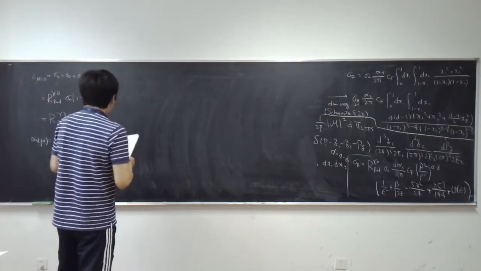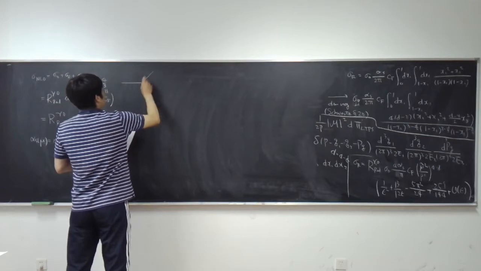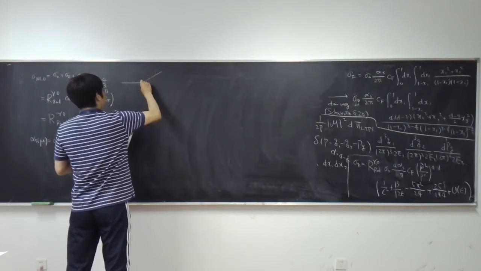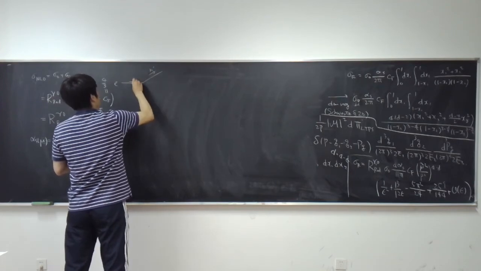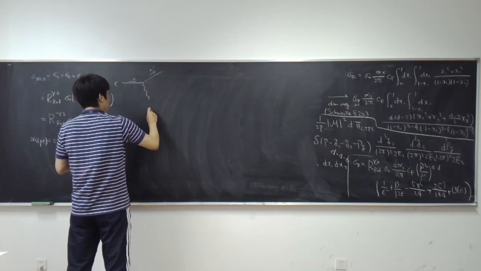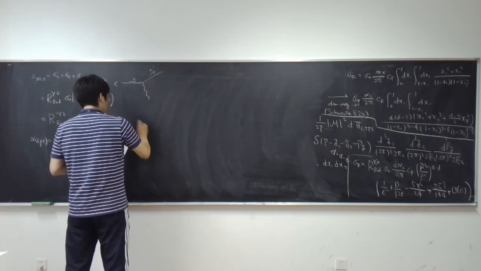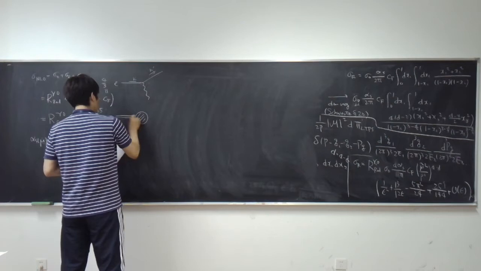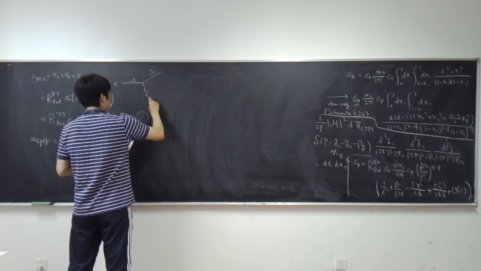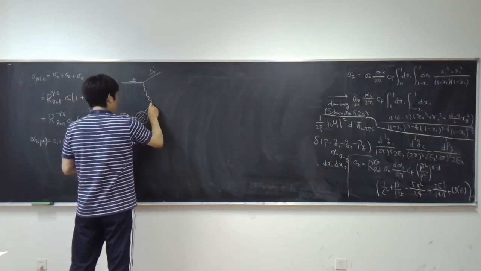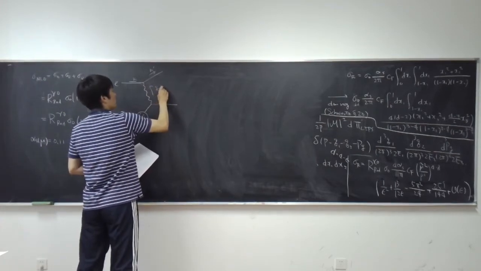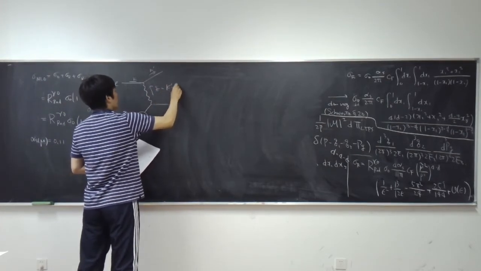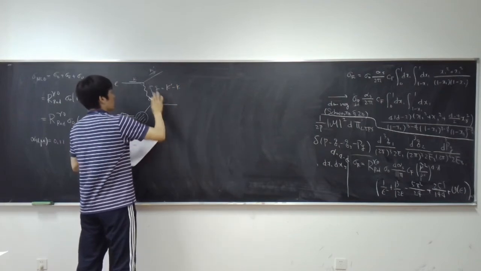So, a convention I'll just write down: K prime, E. Last time I wrote Q is equal to K prime minus K, but I want to change it to the opposite.